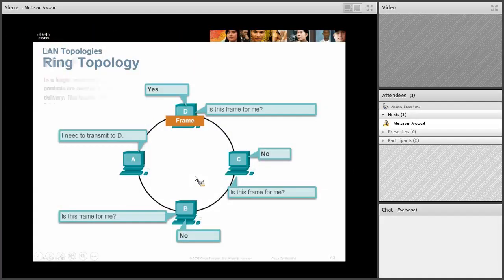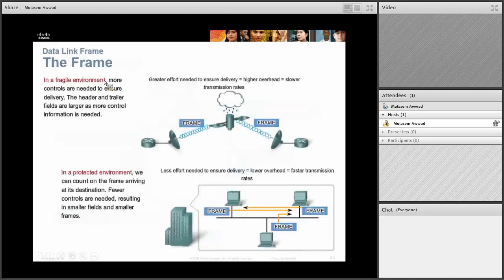Okay, so the frame itself. You travel in different frames as you go from one device to another, so you need to make sure that your packet gets re-encapsulated in different frames. Sometimes the frames get lost on the way or get corrupted, so we have to double check the frame and make sure it's okay before you accept it.